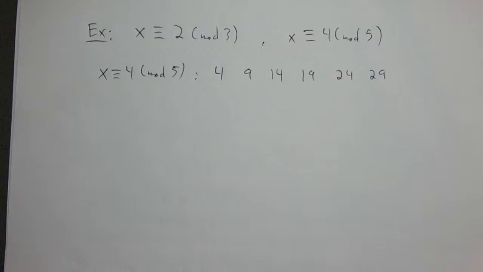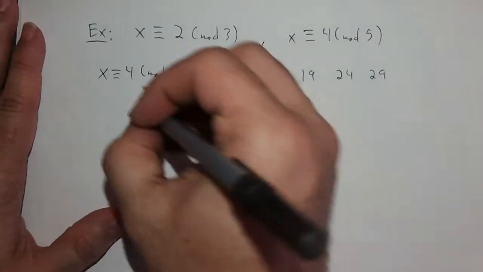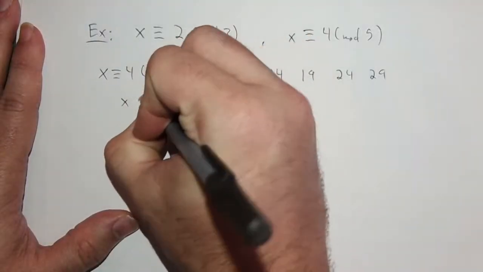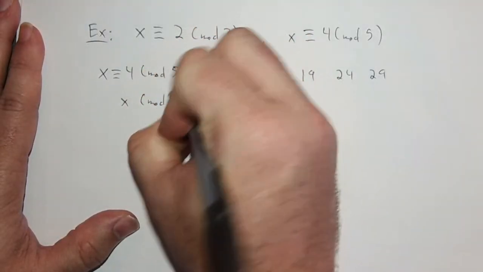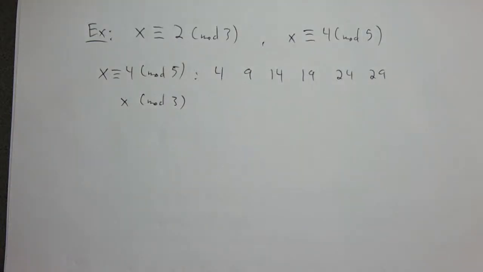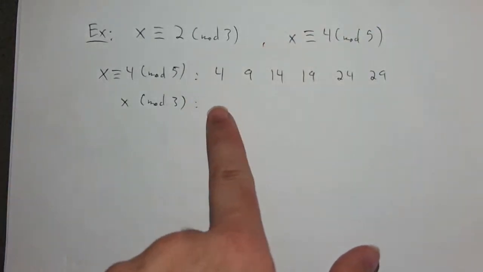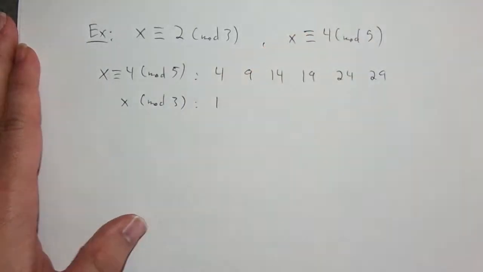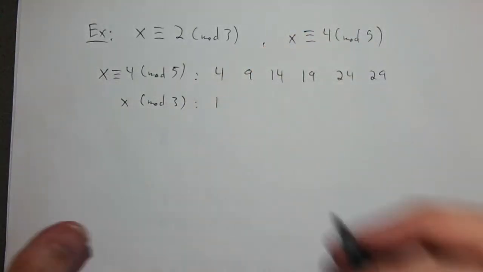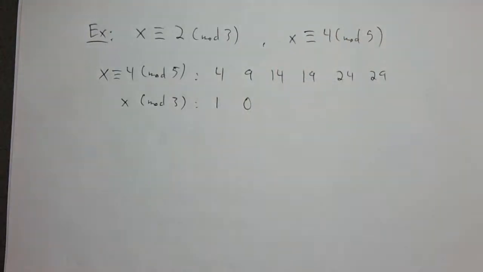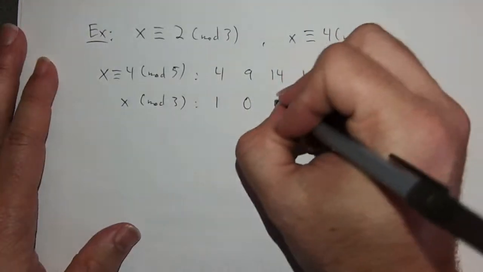Right. Okay. And now what I want to do is rewrite these things mod 3. So I want to consider x mod 3. Why mod 3? Because my other congruence is mod 3. Okay, so considering these numbers mod 3, 4 mod 3 is 1. 9 mod 3 is 0 because it's divisible by 3. 14 mod 3 is 2.